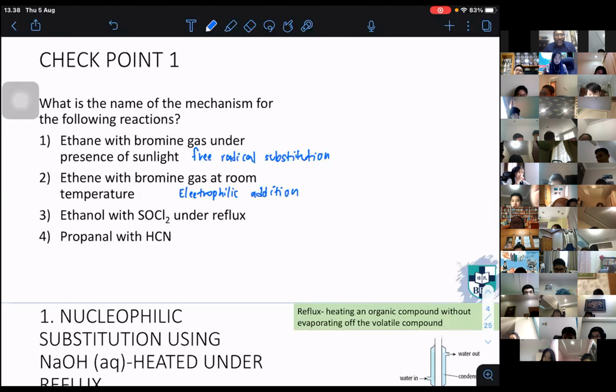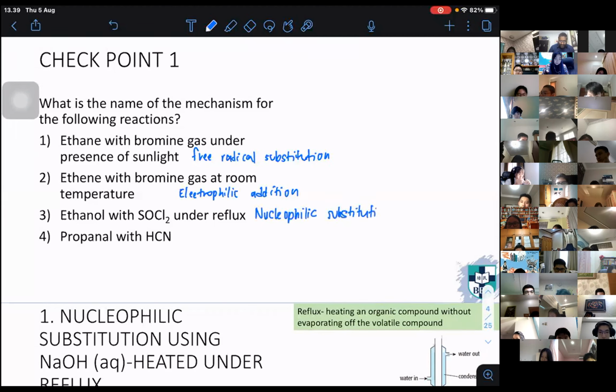And when it comes to ethanol, which we will learn about later, ethanol with SOCl2, alcohols and halogenoalkanes share the same mechanism, which we will study today, nucleophilic substitution. So you can memorize this.